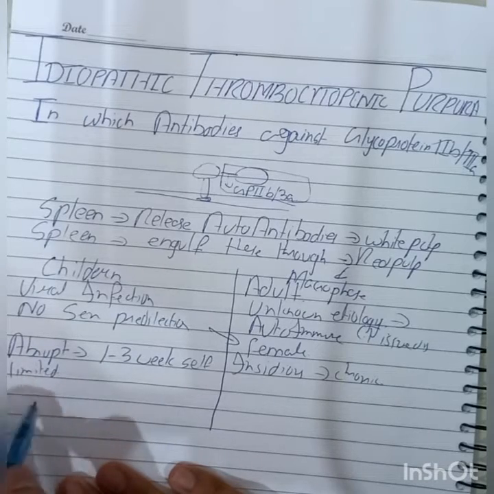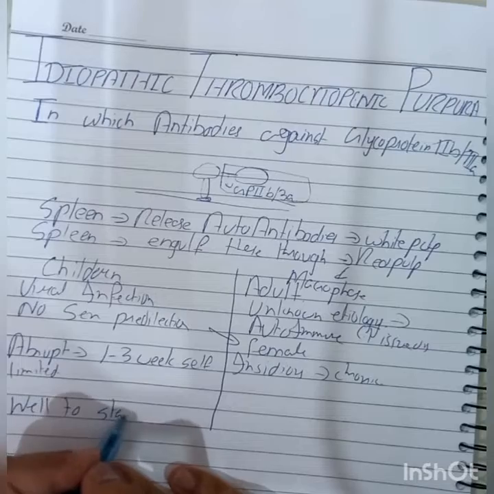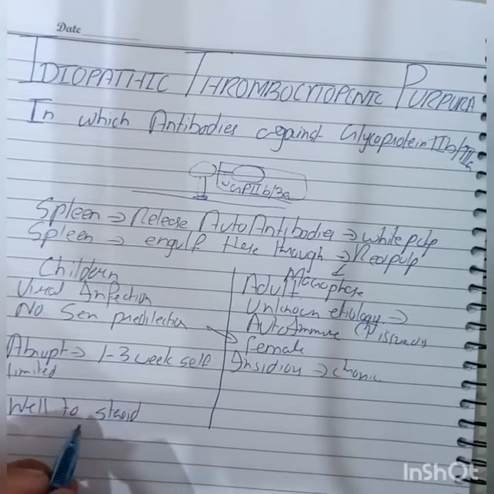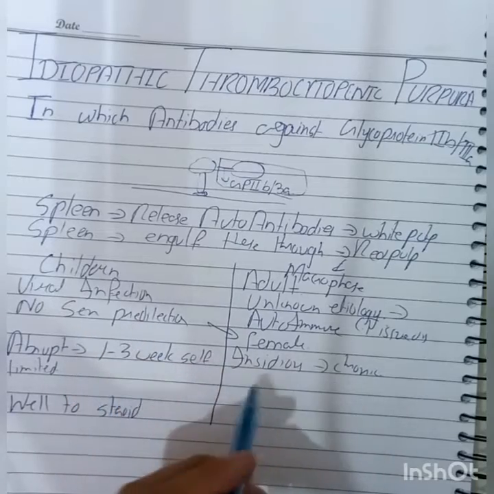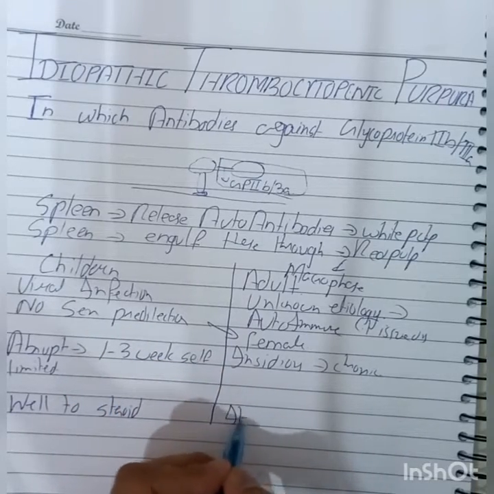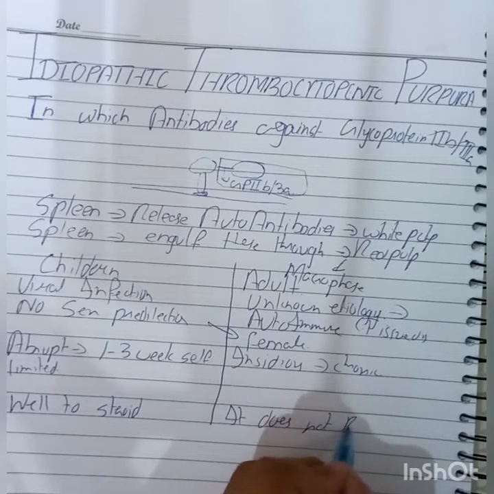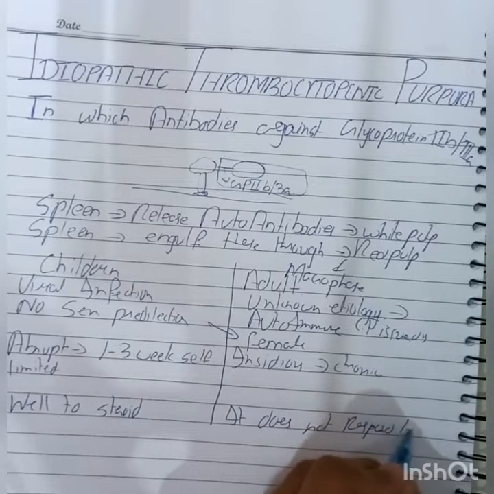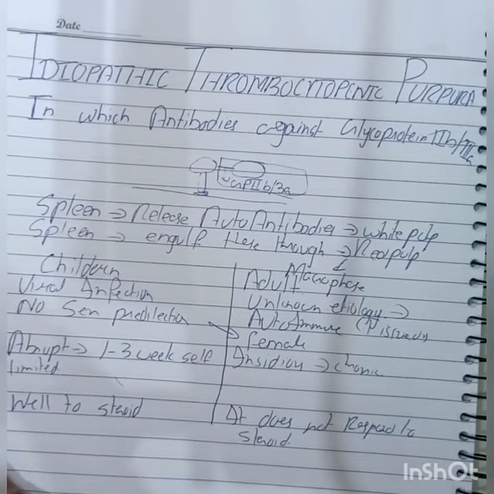In children it responds well to steroid, but in adults it does not respond well to steroid. So these are the two disease courses.